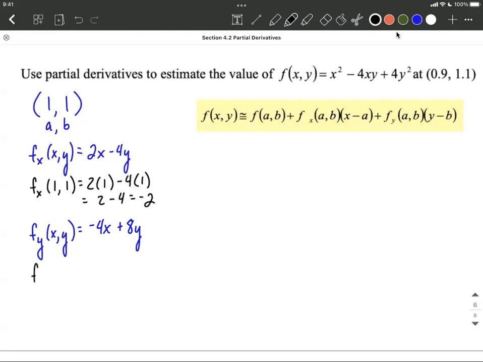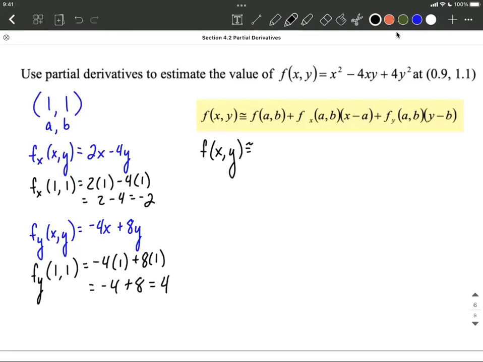Finally, before we fill in to get our estimation, let's do the partial derivative with respect to y evaluated at 1, 1. That'll be negative 4 times 1 plus 8 times 1, or negative 4 plus 8, which works out to be positive 4.